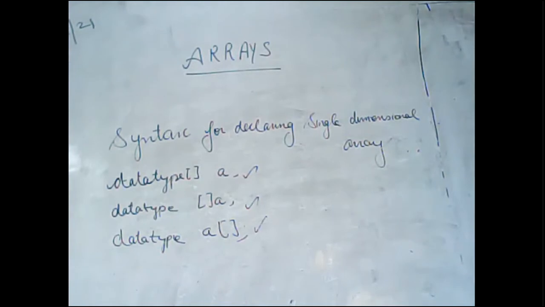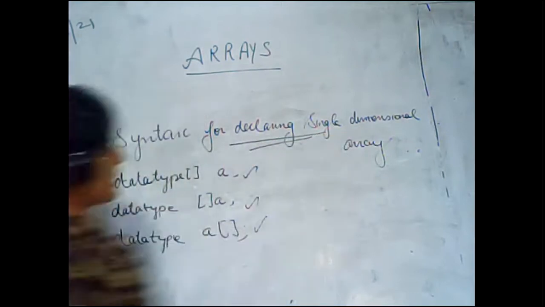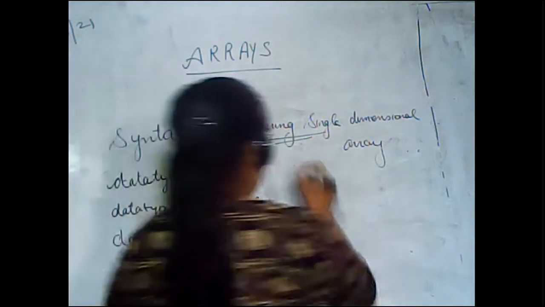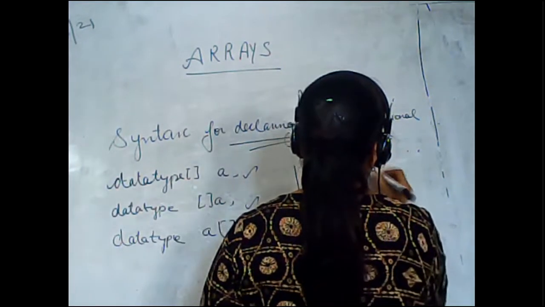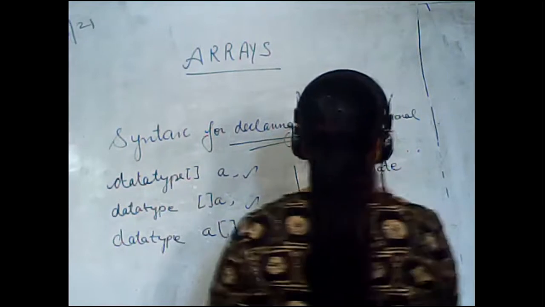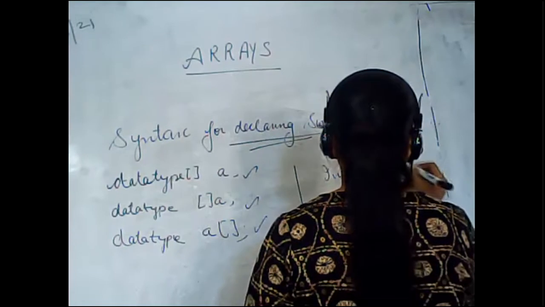Okay, so next, how can we instantiate an array in Java? This was to declare the single dimension array. The second thing that we need to discuss is how we can instantiate an array. Instantiation of an array.